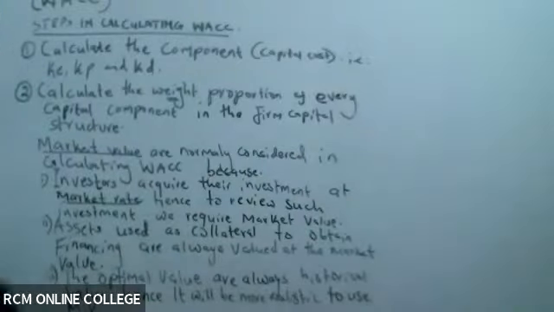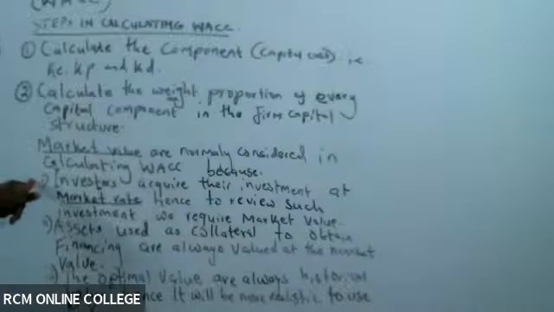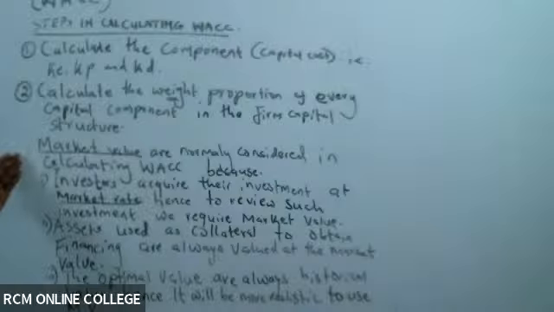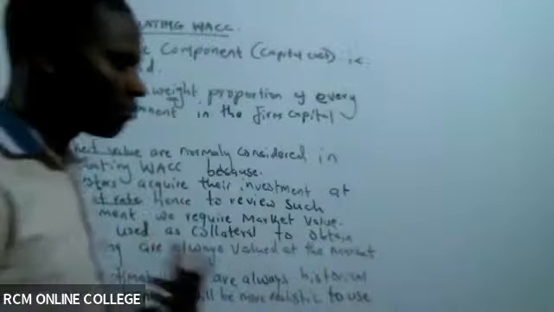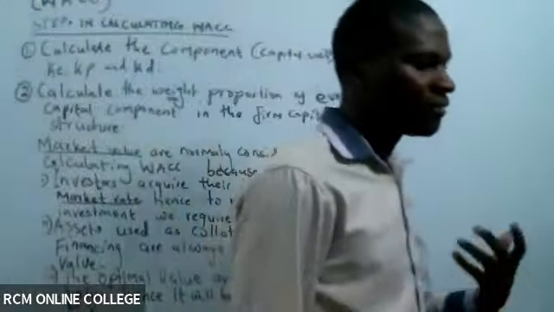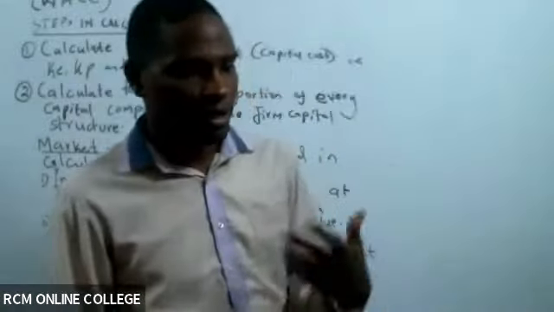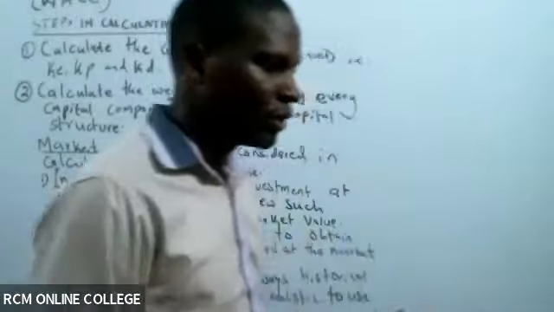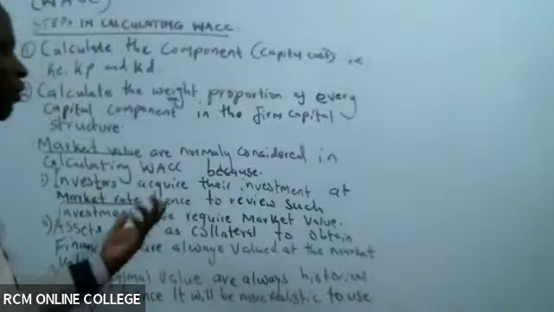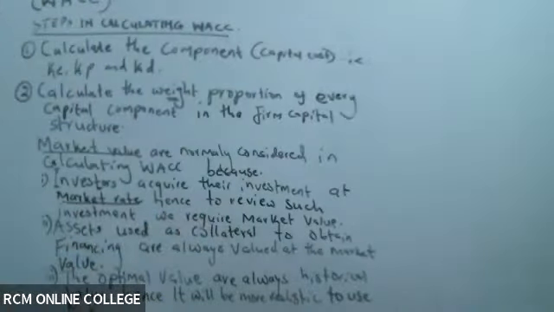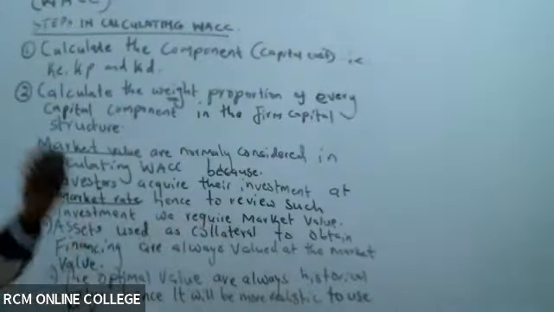So class, the three are important. Sometimes the examiner will give you a theory question for 3 or 4 marks and ask why market value is used when calculating the WACC. Tell the examiner: one, investors acquire their investment at market rate.